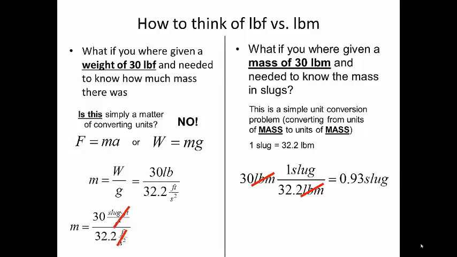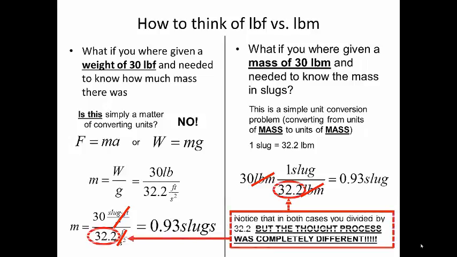Now our feet per second squared cancels, and we're left with slugs for our base unit, and we get 0.93 slugs for our mass. Notice that in both of these cases we divide by 32.2, but the thought process is completely different. In one case we're doing unit conversion, and in another we're solving the equation of motion.